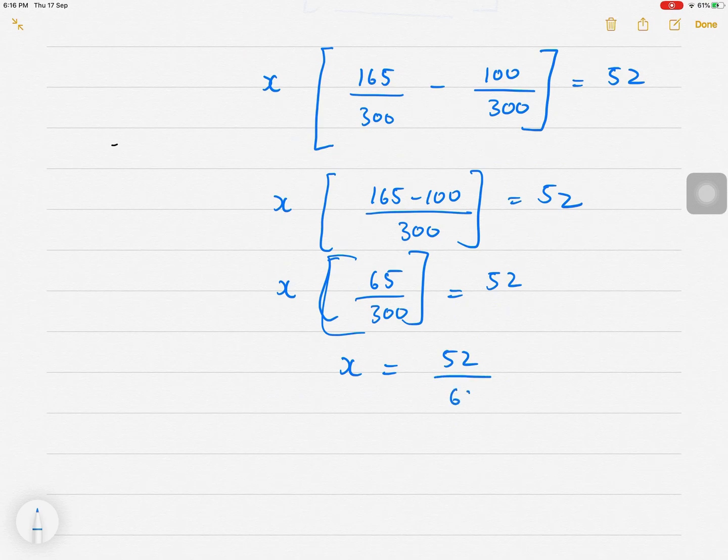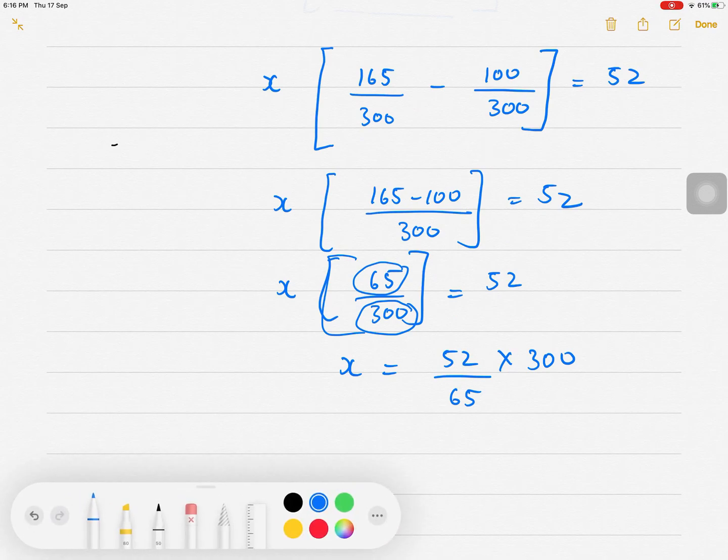So 52 divided by 65 multiplied by 300. The multiplication becomes division, and the division by 300 becomes multiplication. Correct?